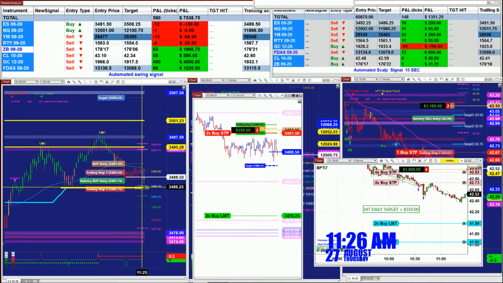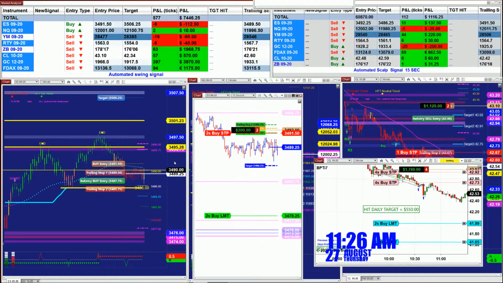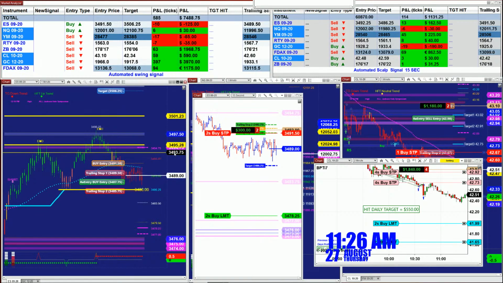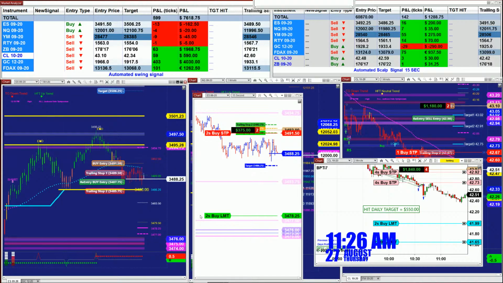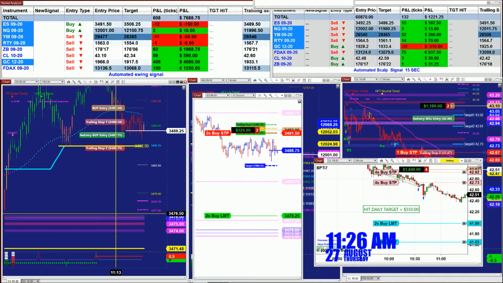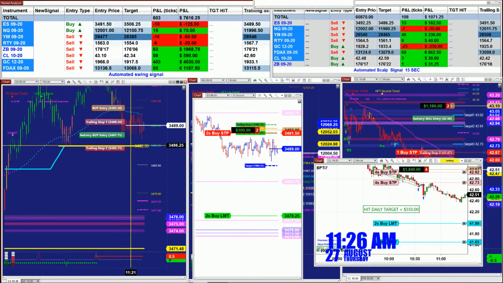We're about to hit, let's see if this ES breaks this re-entry level at 34.86. It's going to retest it. If we have a drop today, later on, don't expect too much on the ES. Your target on the short, if you want to take a short, you need to take it below the 34.86.